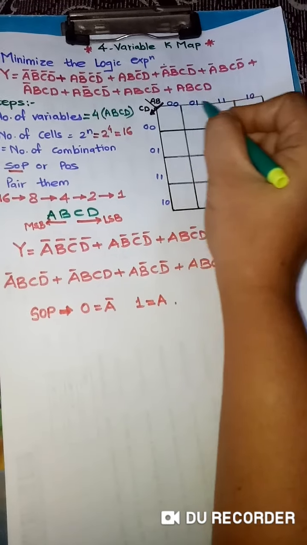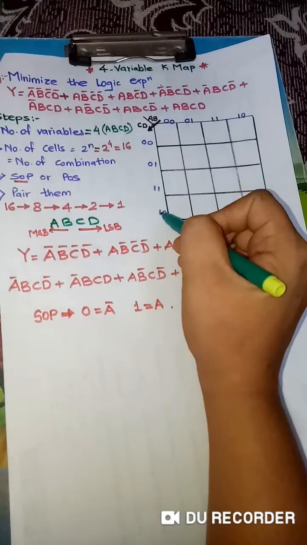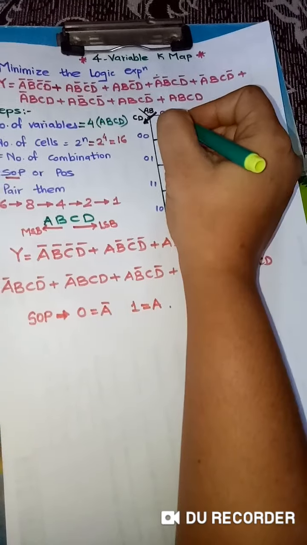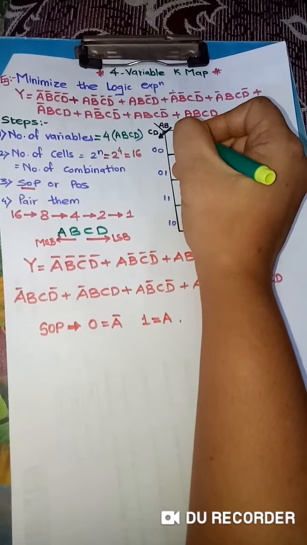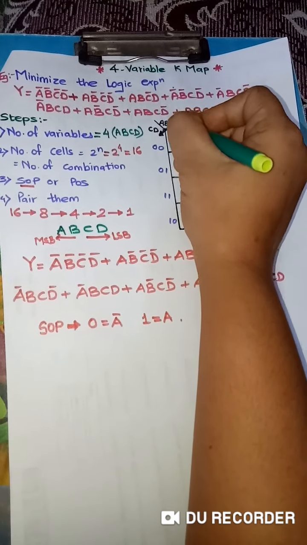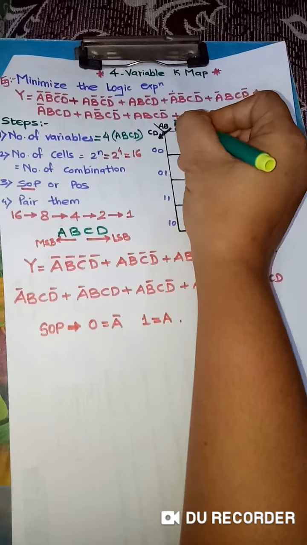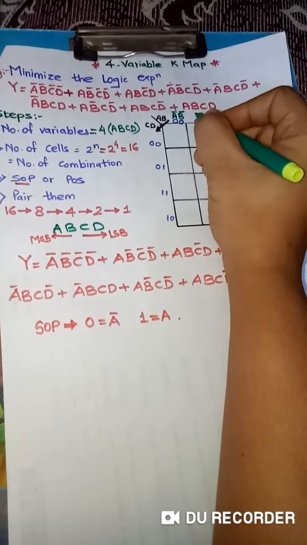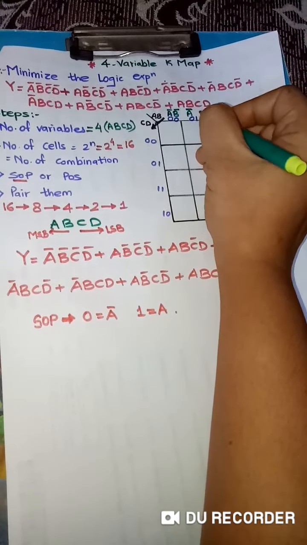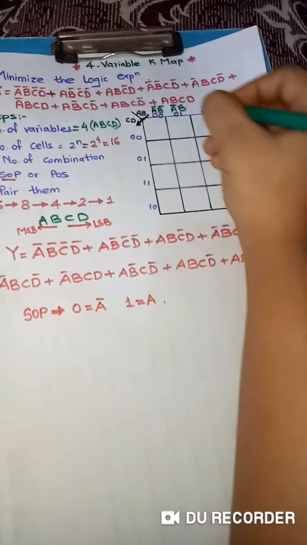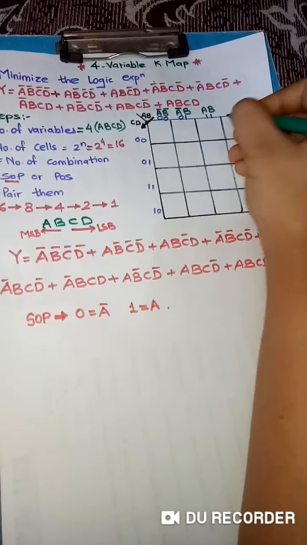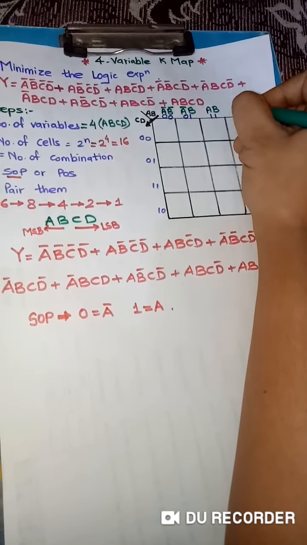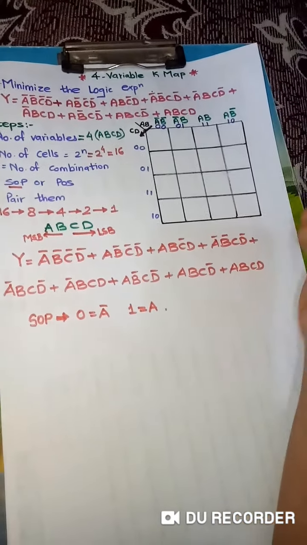This line is for MSB, this line is for LSB. For 0, 0, both are bar, so A bar, B bar. Here 0 and 1 means A bar, B. Then 1, 1 means A, B. And last, 1, 0 means A, B bar.